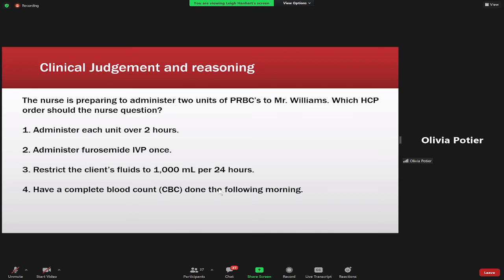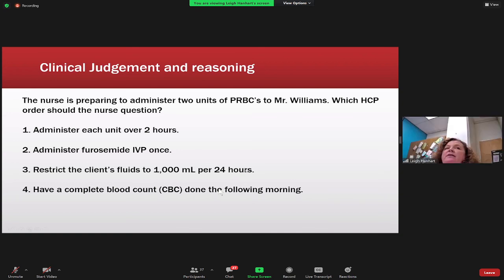Restricting their fluid? We want to restrict their fluid, right? Because he's in heart failure. We're going to give that Lasix probably in between, right? When we're giving them 1,000 mils, do we know how much the PRBCs are? They're anywhere from 350 to 375 per bag. So you're talking about giving 2 units.